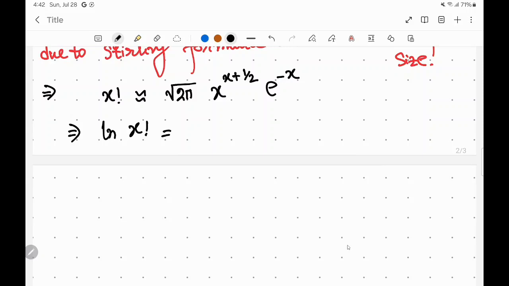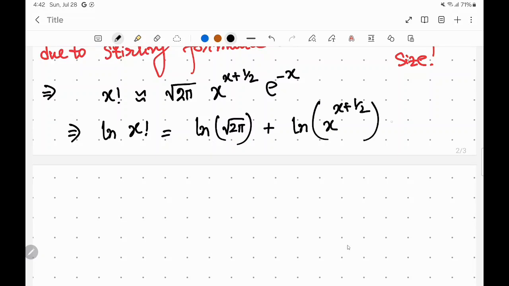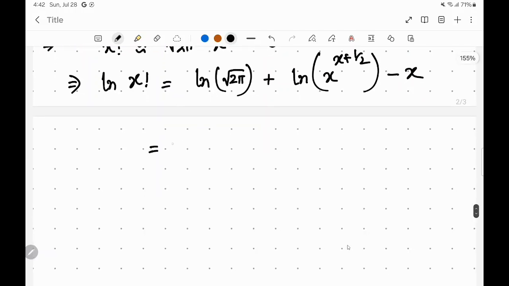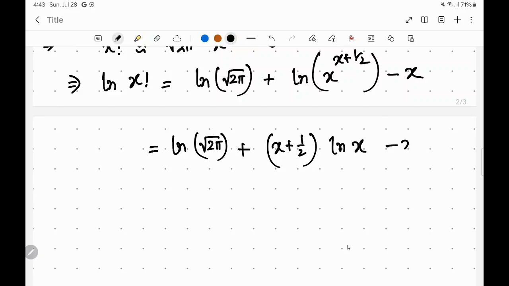Then it will be ln root over 2 pi plus ln x to the power x plus half, and this is minus x. So you can write it as ln root over 2 pi plus x plus half ln x minus x.